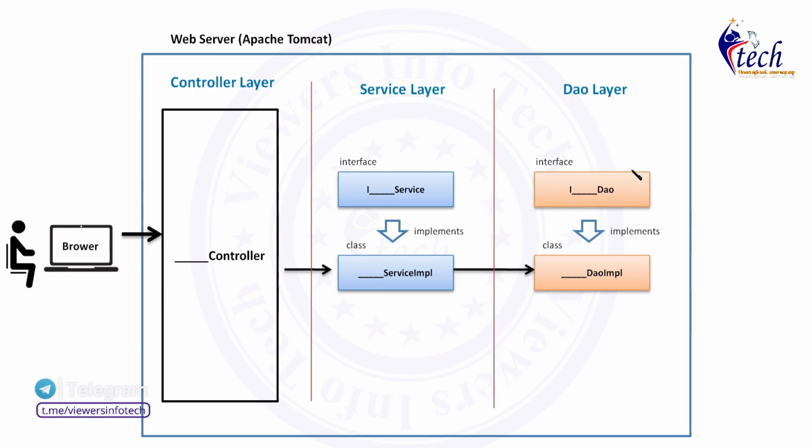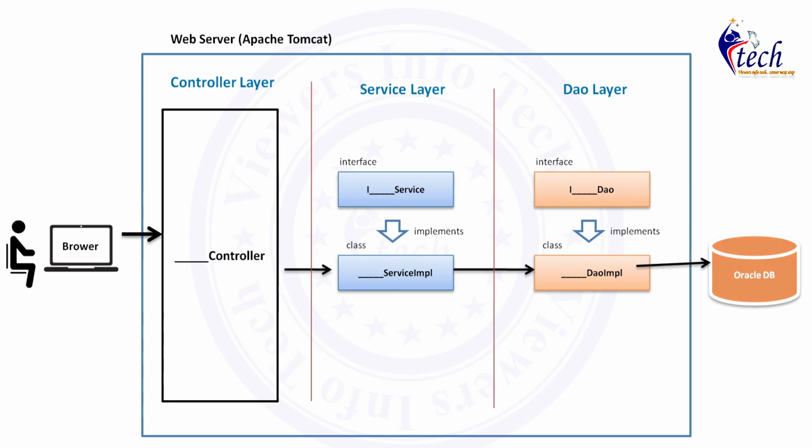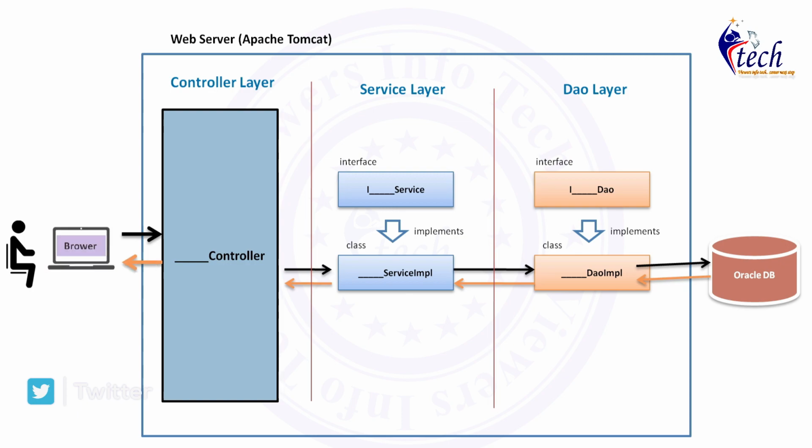Inside the interface, we have abstract methods, and these abstract methods are overridden inside the DAO IMPL. The DAO IMPL calls the database and takes the response from the database, and this response is given back to the service IMPL. The service IMPL gives it back to the controller, and the controller gives the response to the browser, so the user can view the response in the browser.